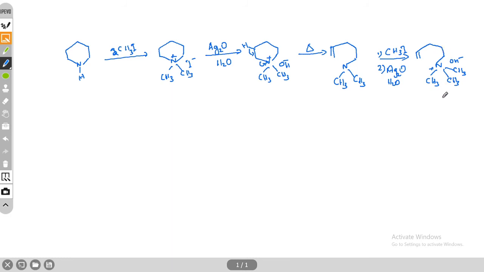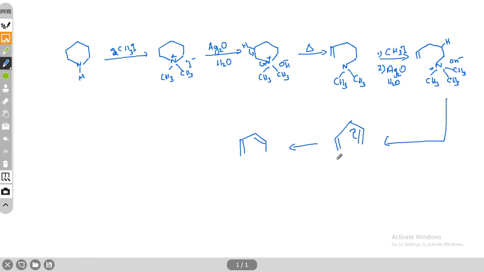Then the next step is heating. By heating this compound, the elimination will be from here to get an alkene like this. This is an isolated double bond, so there are 2 isolated double bonds. There is a probability of rearrangement to a more stable form, that is the conjugated one.